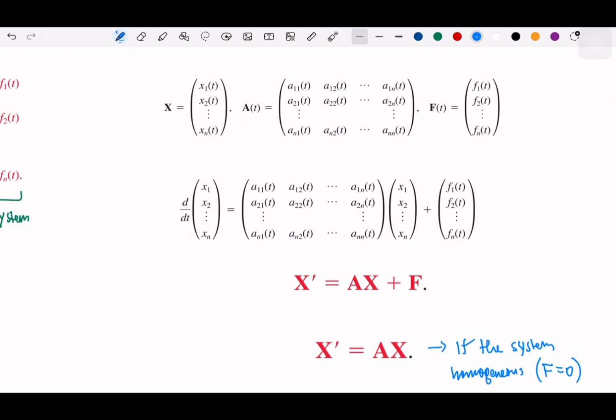Then we want to find what is the possible y, or the whole function, that can satisfy this x prime. Or in this case, what we want to find is this x. Okay? We want to find the solution for x.